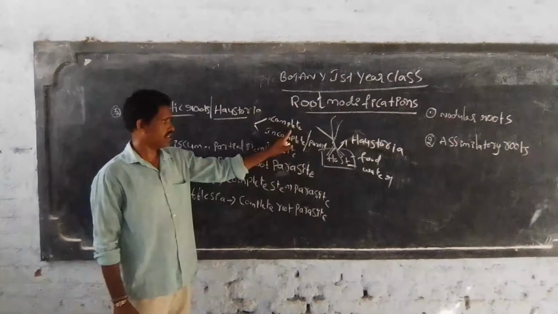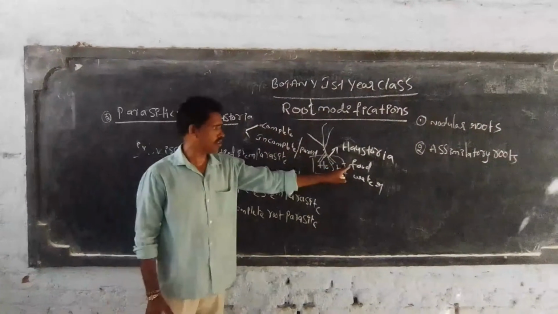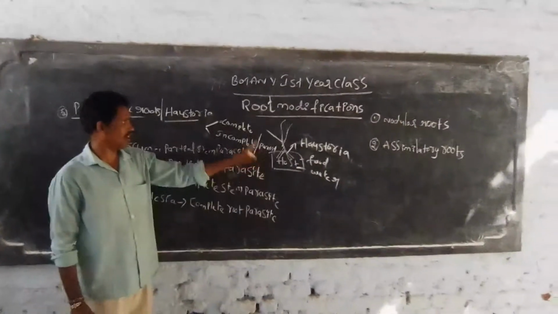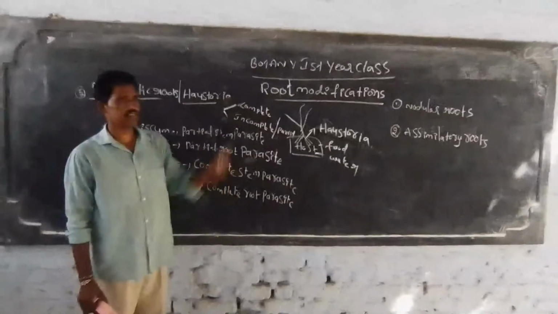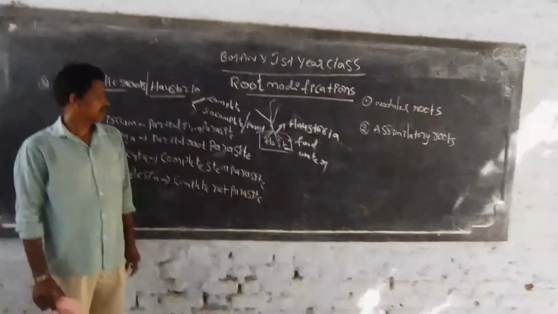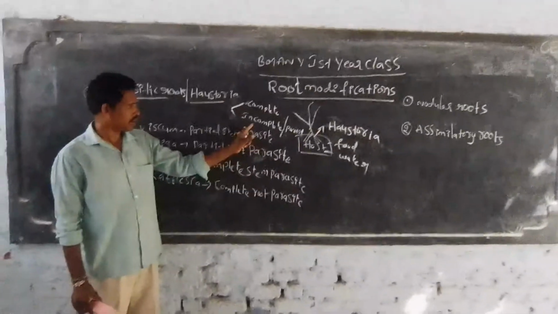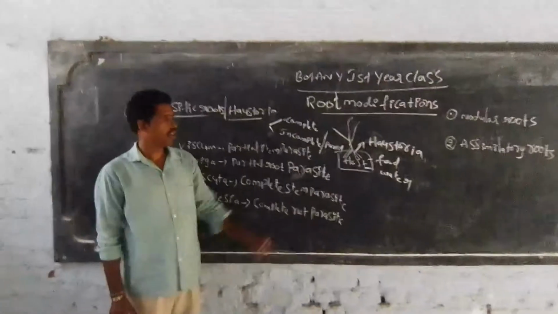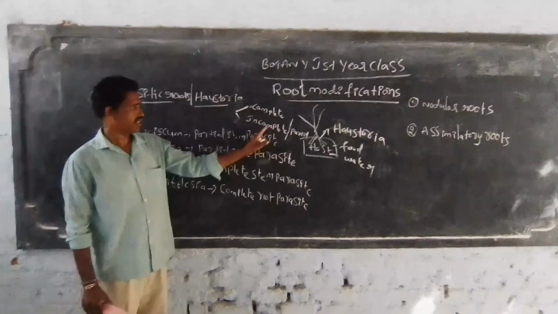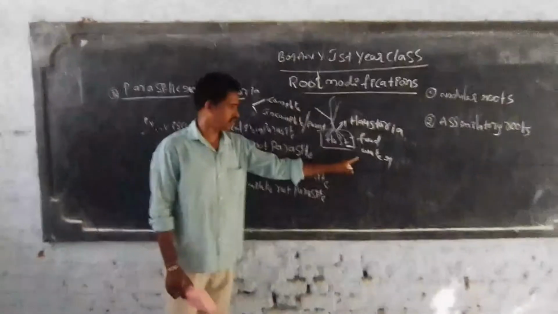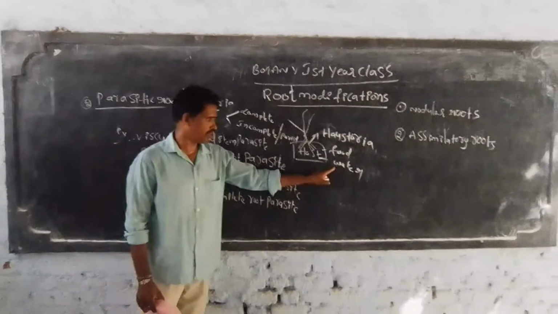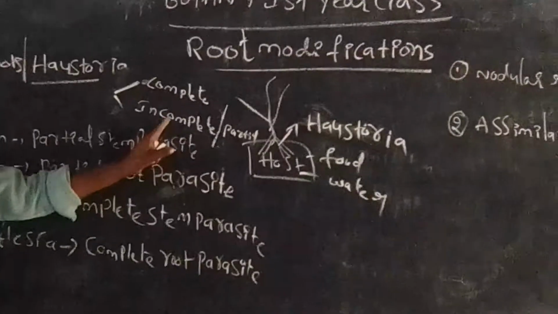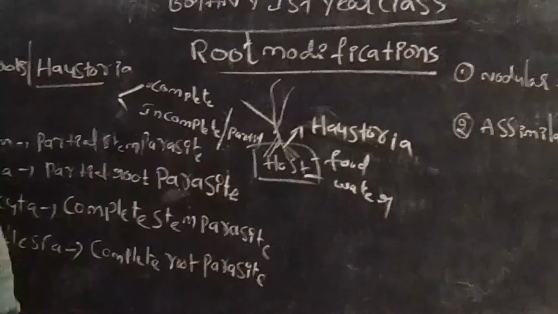An incomplete or partial parasite takes only water from part of the host plant.